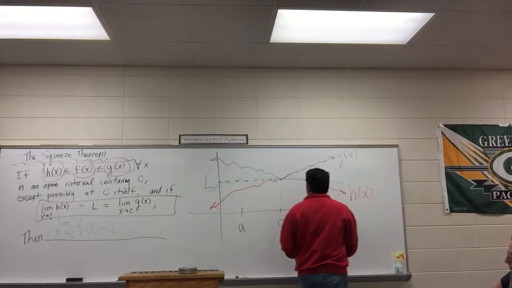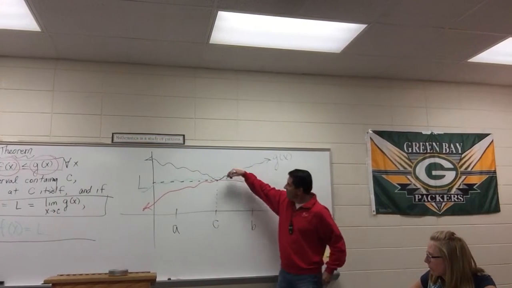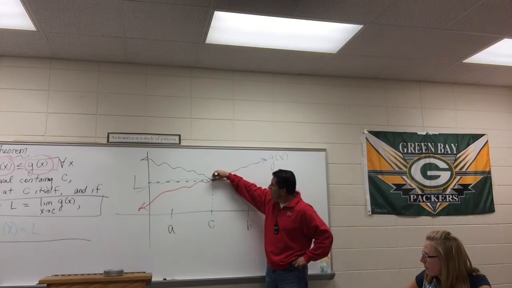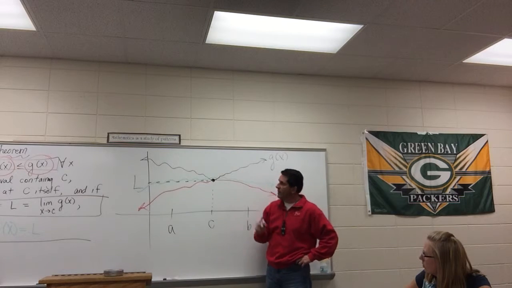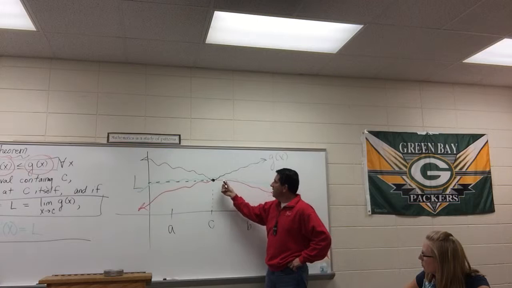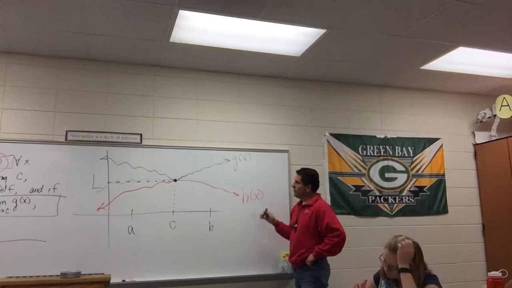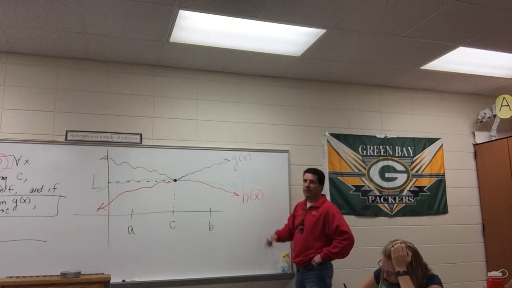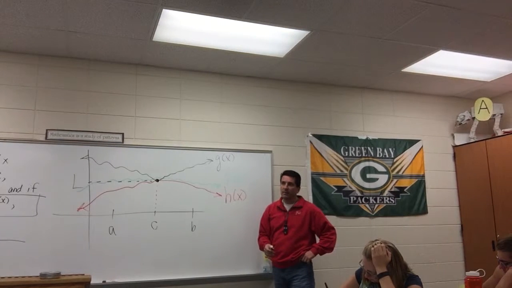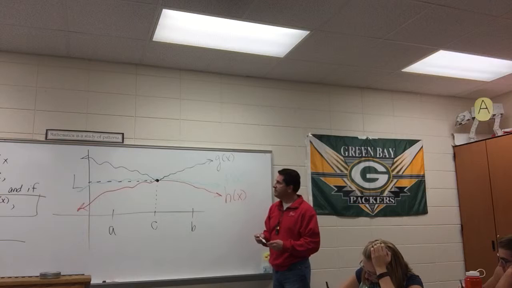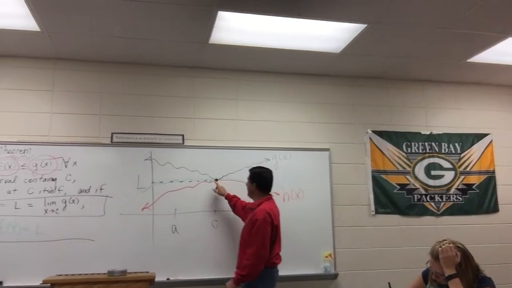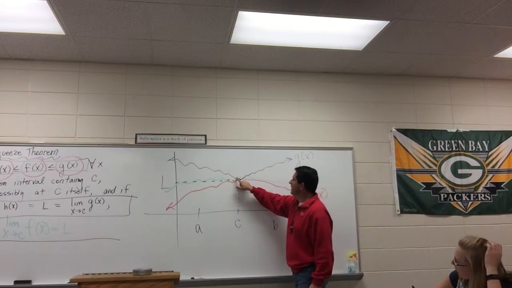Okay, so the limit here, we don't know what's going on exactly right here. This point may or may not exist, but the limit for both g and h are the same. Well, look at what has to happen to f. Since f has to be in between these, I can't draw this any way that I want to.